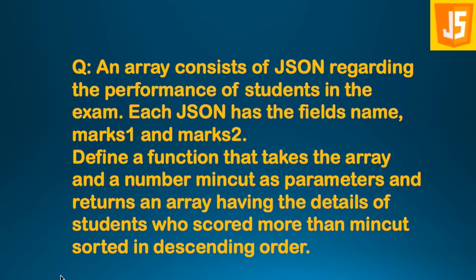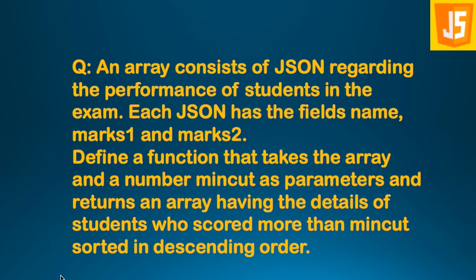An array consists of JSON regarding the performance of students in the exam. Each JSON has the fields name, marks 1 and marks 2. Define a function that takes the array and a number mincut as parameters and returns an array having the details of students who scored more than mincut.